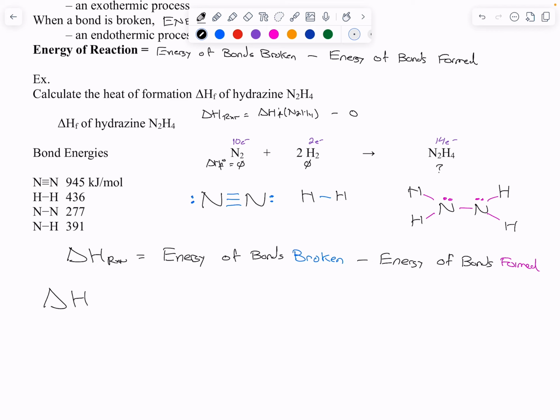Delta H of the reaction is equal to bonds broken. We have the N triple bond N, and we have the H single bond H, and we have 2 of those. Minus bonds formed. I have N single bond N and N single bond H, and it looks like I have 4 N single bond H's.